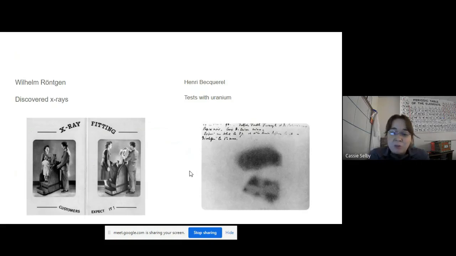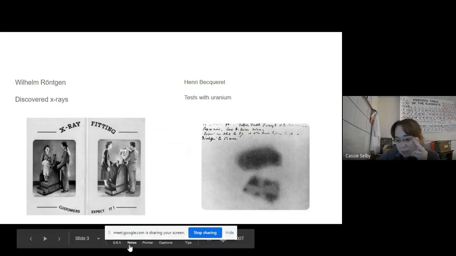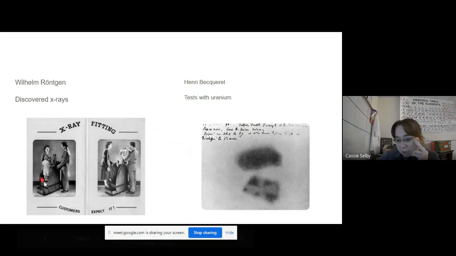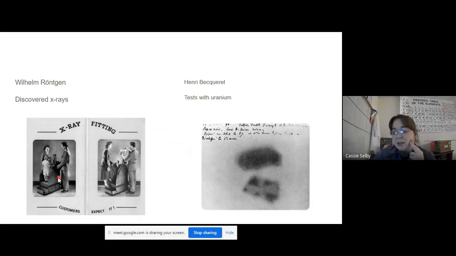You used to be able to go to the local shoe store and get your foot sized by an X-ray to get your perfect fit. It was a marketing thing that was at all kinds of different shoe stores. It wasn't just one.